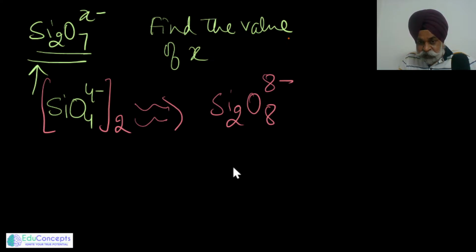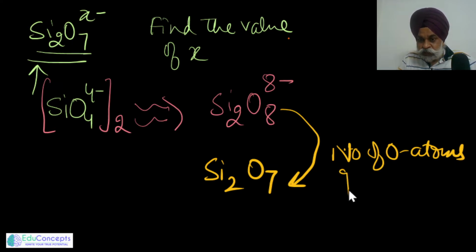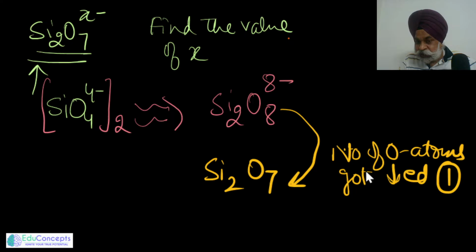So basically our actual structure is having 7 oxygen. So that means the number of oxygen atoms got decreased by 1. One oxygen got decreased. Once you decrease one oxygen, because that water has gone out, that oxygen has gone out as water, the decrease in the charge would be of 2 units.